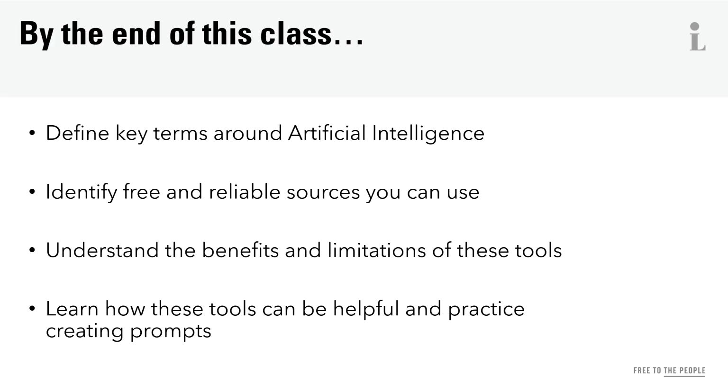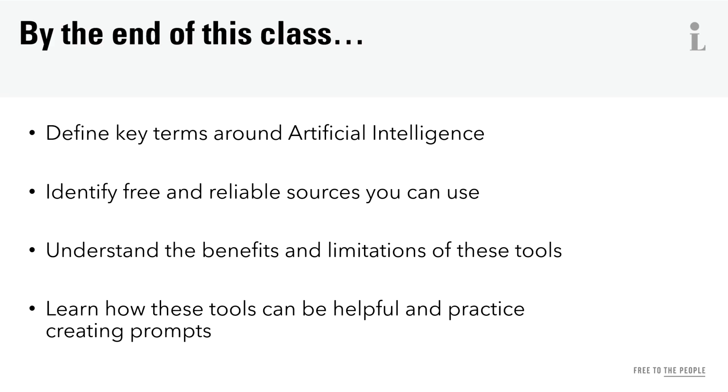In this program, we're going to be talking about AI, which, as you're probably aware, is a pretty big topic and has been all over the news for the last 2 years. Specifically, we're talking about generative AI, things like ChatGPT.